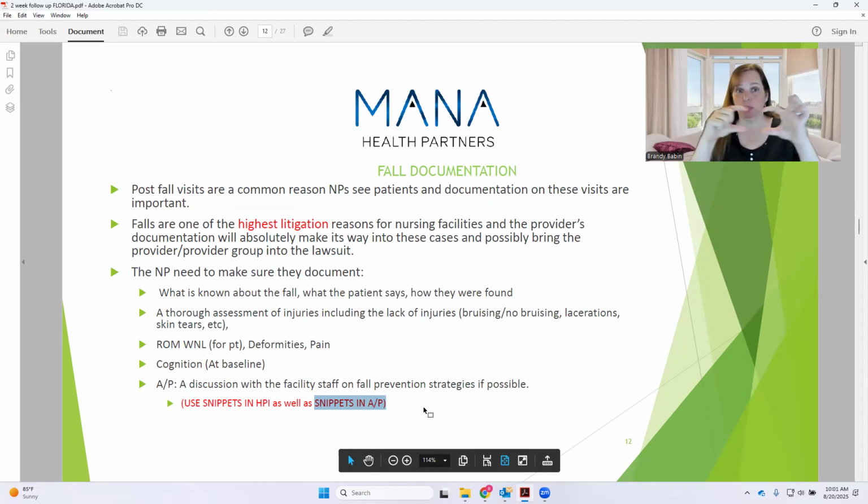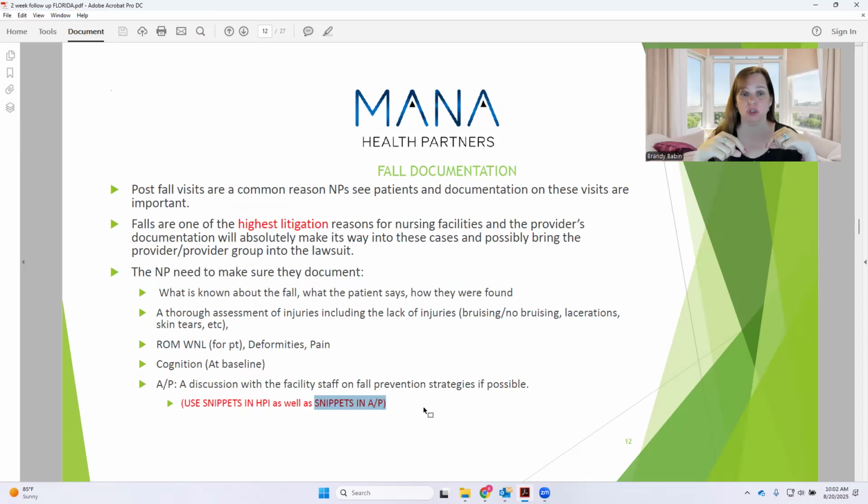So under your HPI, you're going to describe the fall, what happened, how the patient is doing. And then under your assessment and plan, what your plan is. What did you do, including medication review, vital sign review, any kind of labs you ordered, referral to therapy. And so those two things have made a huge difference in our documentation. So what is known about the fall, what the patient says, how they were found.